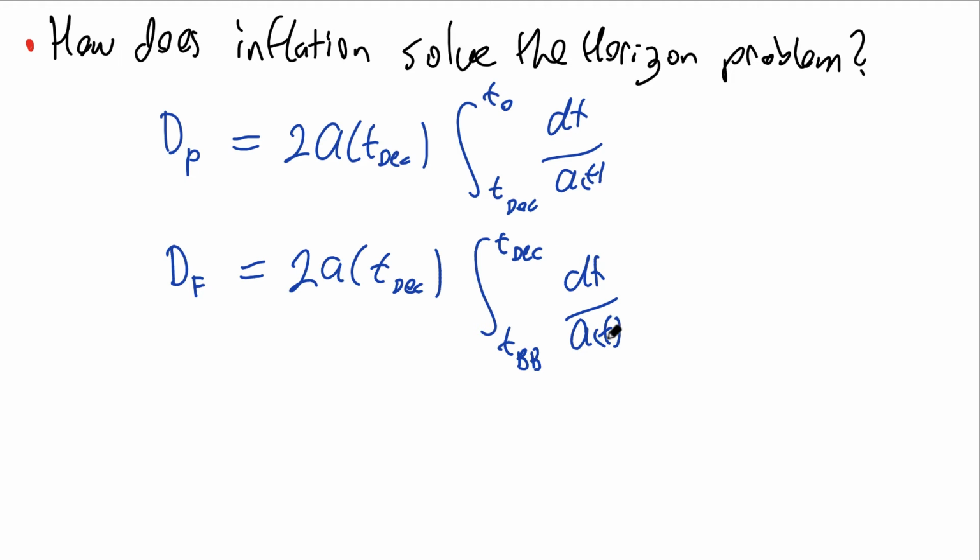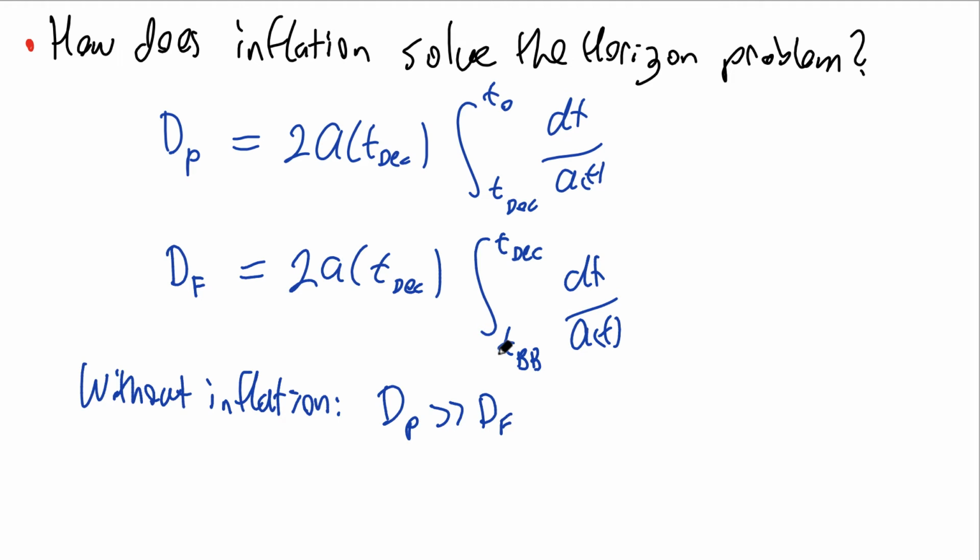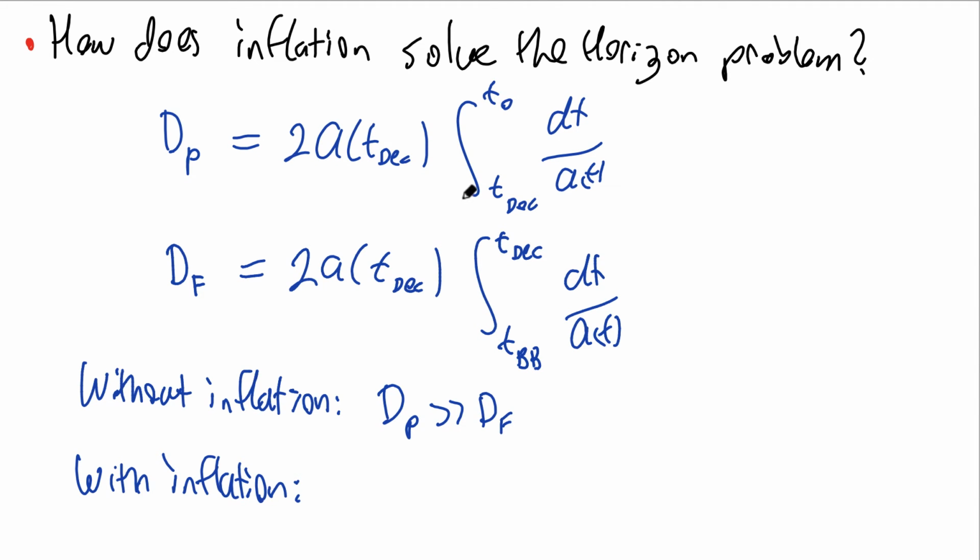Now, without inflation, we have the problem that d p is much, much greater than d f. What about with inflation? Well, you'll notice these quantities d p and d f depend on the scale factor at the time of decoupling and integrals over the inverse of the scale factor over different ranges: from decoupling time to the present time for d p, and from Big Bang to decoupling time for d f.